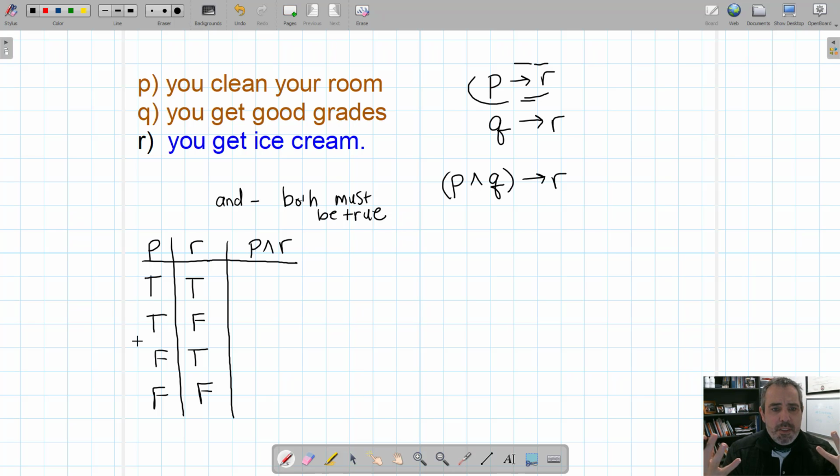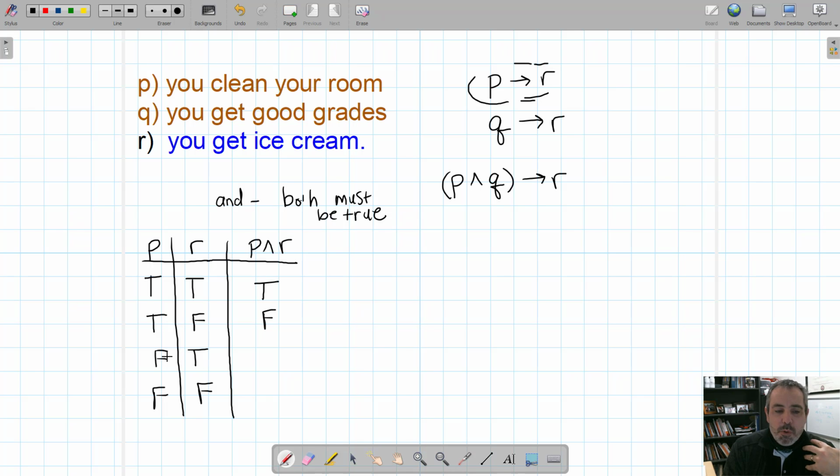Like the statement is, you clean your room and you got ice cream. Or someone makes the statement, I cleaned my room and got ice cream. If you came in and observed and said, well, I looked at your room and I saw it was clean, I looked at your face and I saw that you had ice cream on it, then this was a true statement. If I look at your room and it's clean, but you didn't get ice cream, false.